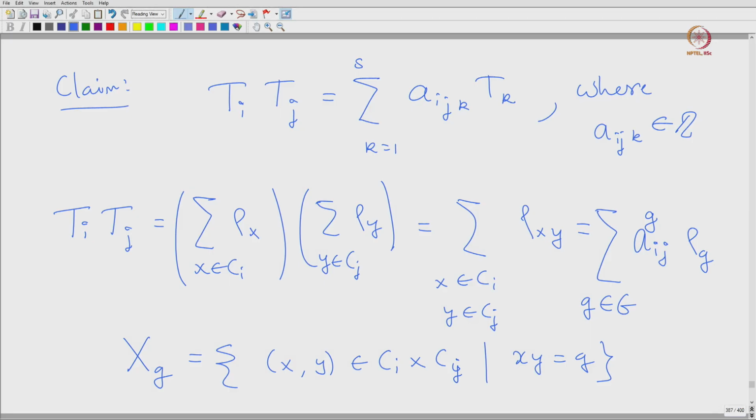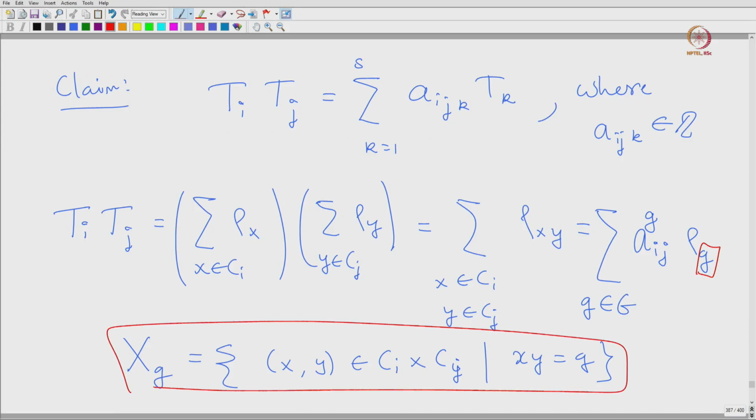That is exactly going to be the cardinality of this X g, because whenever you fix this g, we are asking the number of ways you can write this g as a product x y, where x comes from Ci and y comes from Cj. That is exactly captured by the cardinality of this set capital X g, where a i j g is nothing but the cardinality of X g.